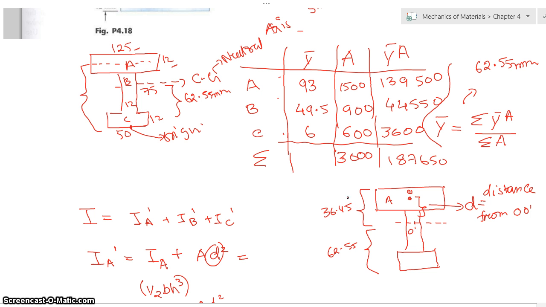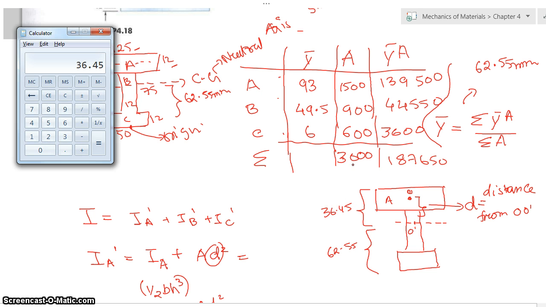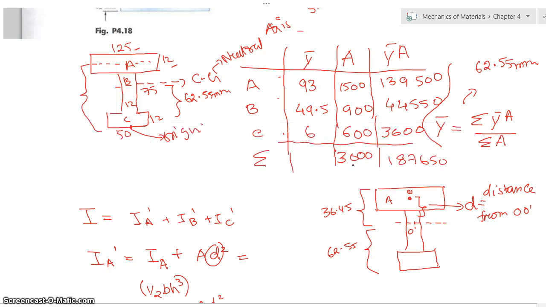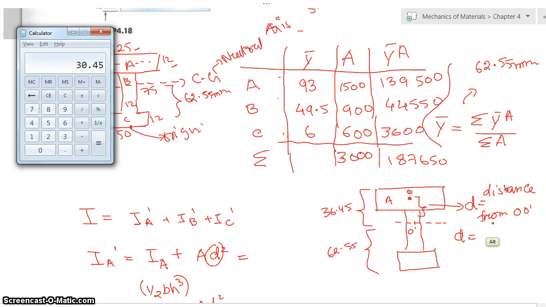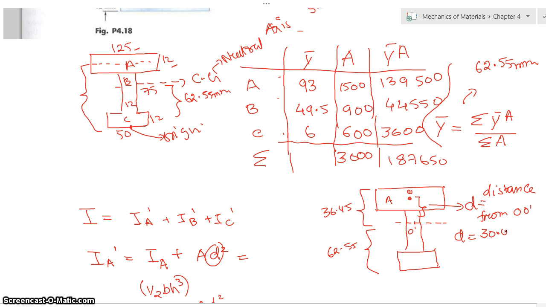So 36.45 minus 6 means 30.45. So the d for A is going to be 30.45 millimeter, and that is what I'm going to use in my equation.